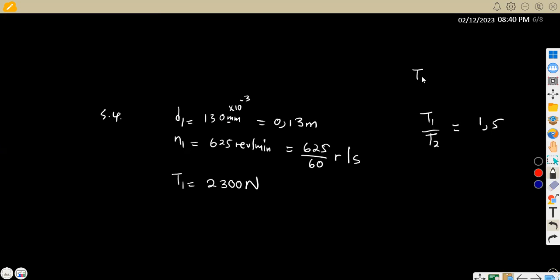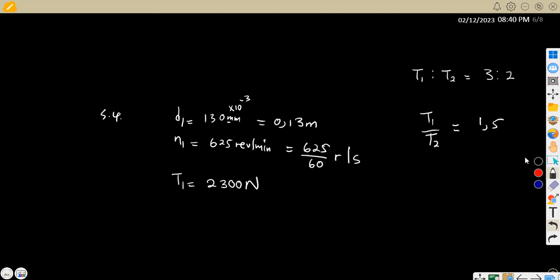Or you can write it as T1 is to T2, which is equivalent to 1,5 as a fraction, 3/2. Yeah, 3/2, that's 1,5. So you can write it as 3 is to 2 in this ratio, or as a decimal, or as 3/2 again as a fraction.